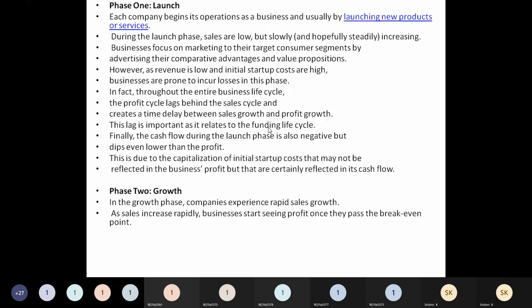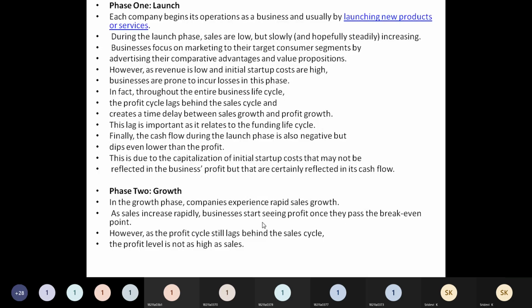Once they reach the break-even point, automatically the business people will enter into profits. What the break-even point is, we will discuss in detail in the next 1 or 2 units.